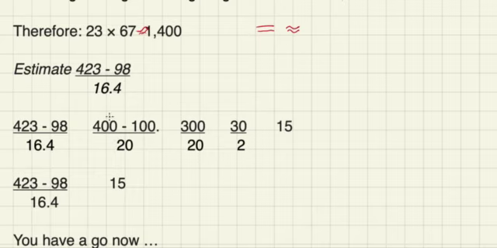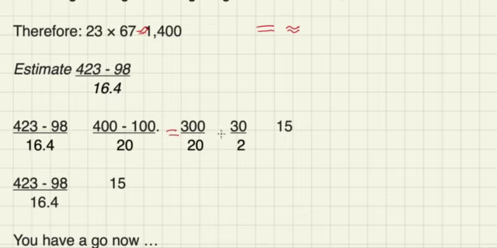Now, we do the estimation using these figures, and you can see that these look a lot more friendly to work out than those. So this would equal 300 over 20. The 300 comes from 400 minus 100, which is obviously 300, and then 20 carries over.